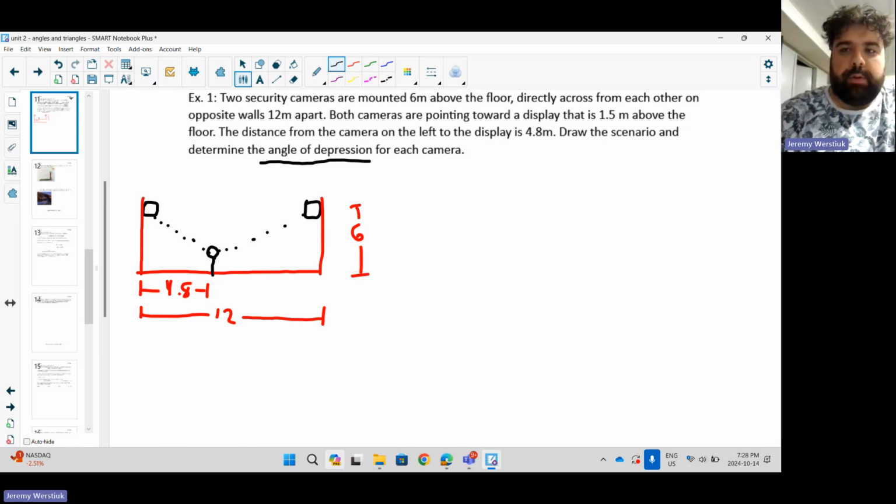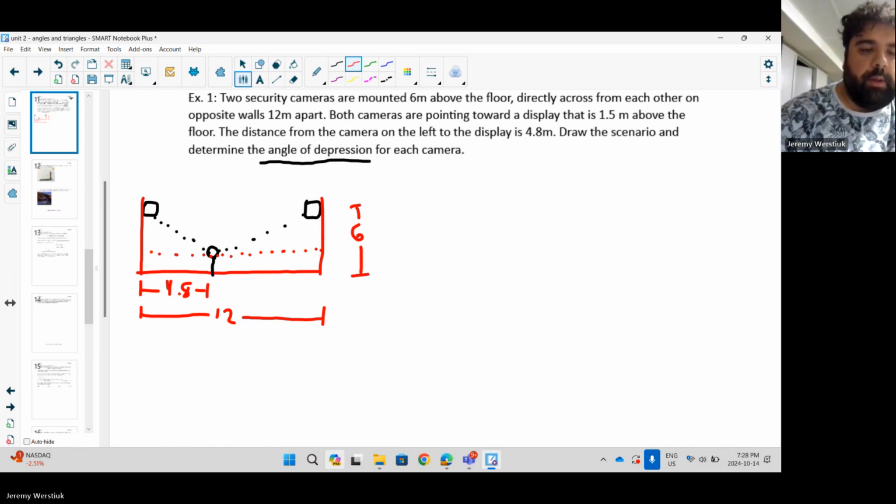I also know, though, that this display is 1.5 meters above the floor. So if I were to go straight over horizontally each way, I have a little height right here of 1.5 meters, right? This is 1.5 meters above the floor.